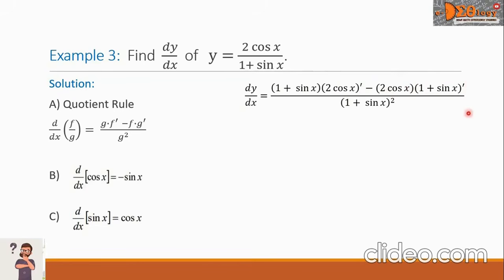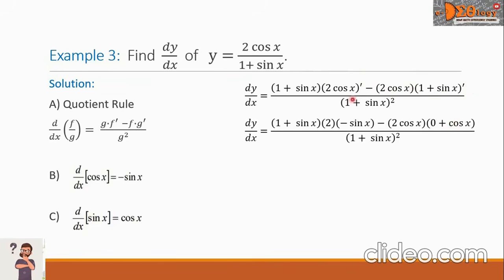Let us now simplify the corresponding derivatives like this. We will copy everything except that our derivative here of 2 cosine x now becomes, we put the constant 2 outside and then take the derivative of cosine x, and that is negative sine x. Then this negative 2 cosine x we copy here, then we take the derivative of this binomial.